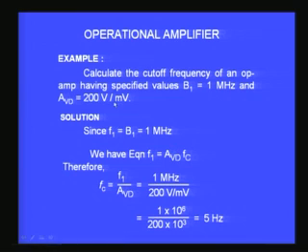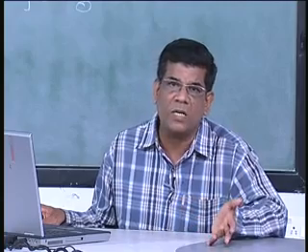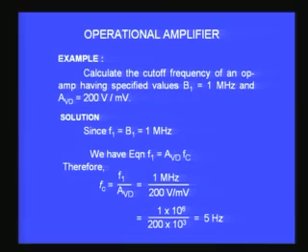This corresponds to a large gain, 2 into 10 power 5, and therefore the bandwidth will be very small. When the gain is very large, the bandwidth should be very small, and the bandwidth is only 5 hertz. So this is a typical example to show you that when I have large gain, the bandwidth will become very small.